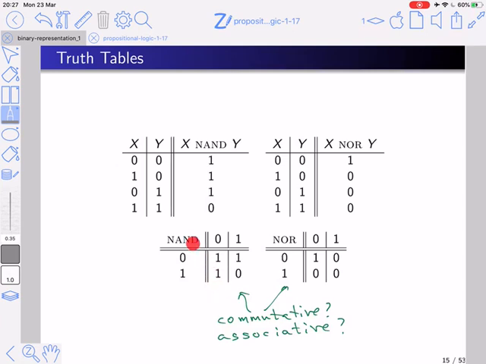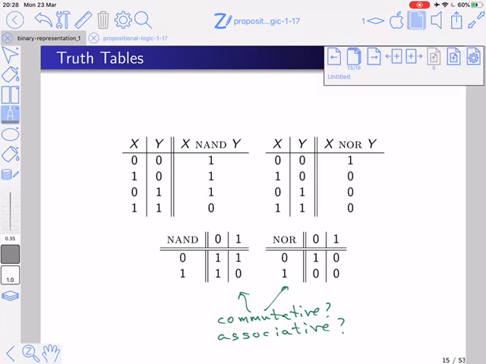For NAND, we just took the multiplication table of AND and inverted all the entries. For NOR, we took the multiplication table of the OR and inverted all the entries. Now you may ask yourself, are these two new connectives, NAND and NOR, commutative? Are they associative? I strongly urge you to check it.